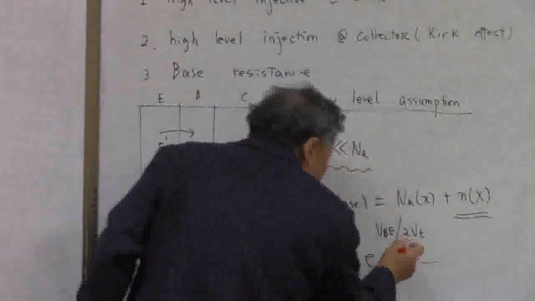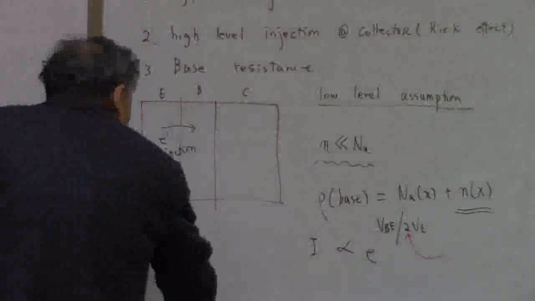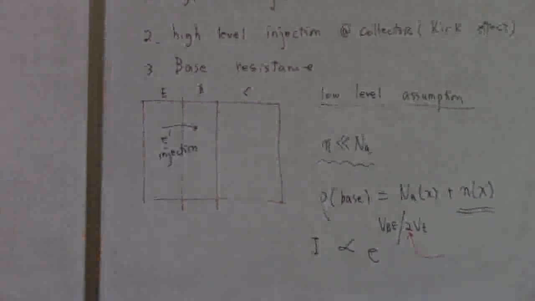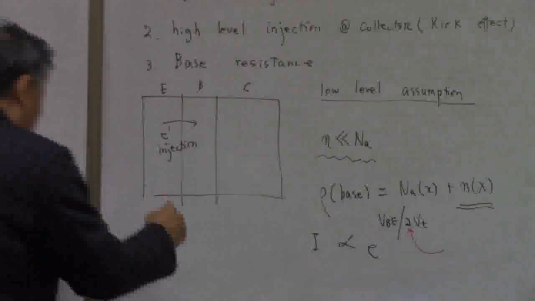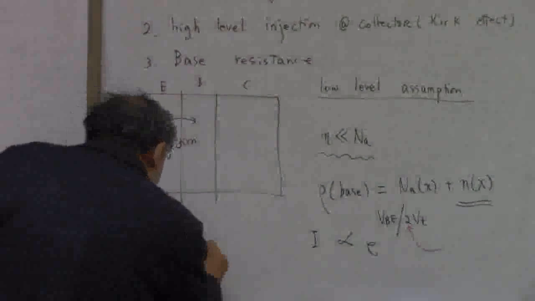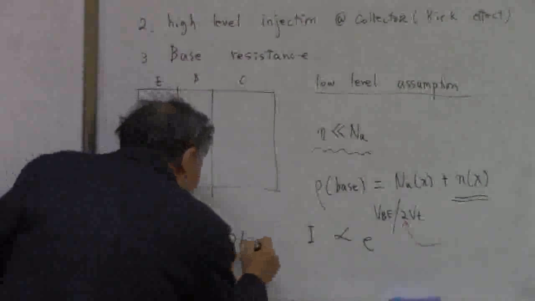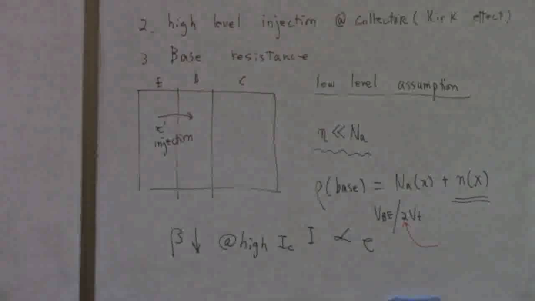This 2 means we have some roll off, the decrease in the beta. So this means beta is going to go down because of this at high collector current.